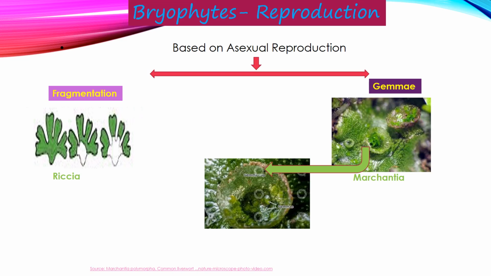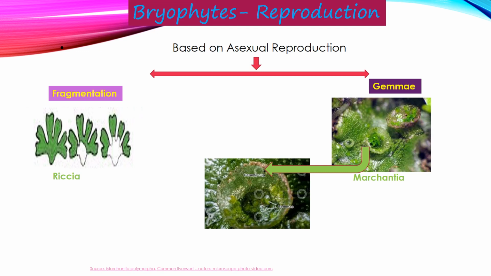The second type of asexual reproduction is by means of gemma. In the member of the species Marchantia, a tiny asexual bud called gemma cup is formed. When we come closer to have a look at the gemma cup, we can see tiny gemmae. Singular form is gemma.